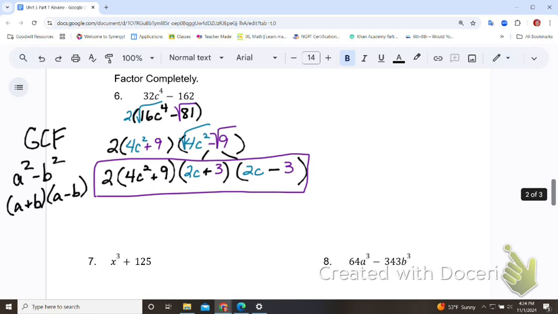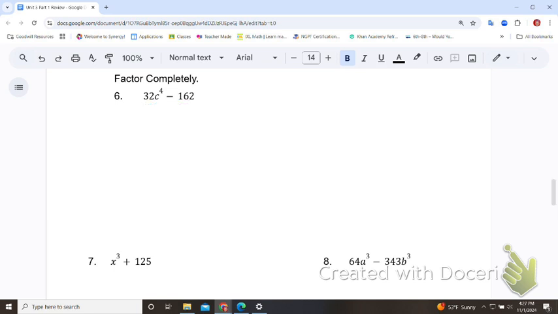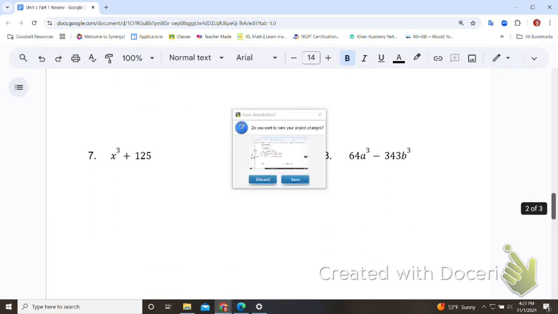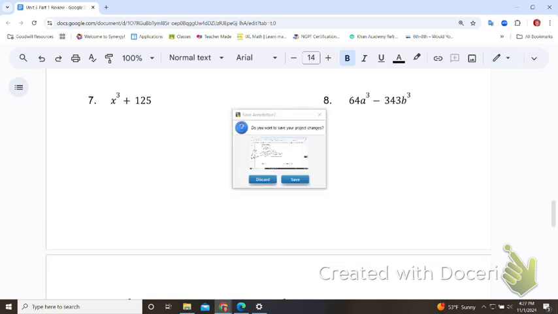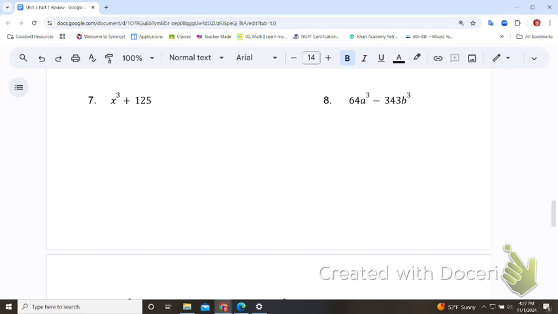All right, number 7 and number 8, now we're to our difference or sum of cubes. So with cubes, we can do it whether it's plus or minus. With squares, it only works for minus because there's only a difference of squares pattern.